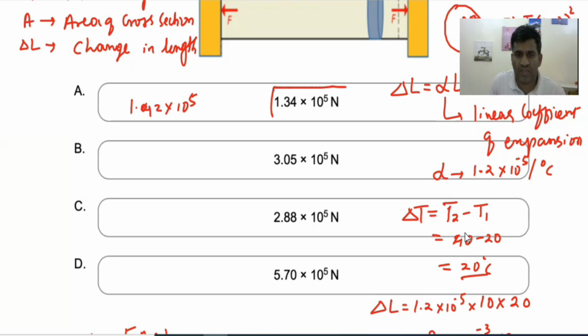So this is the answer I can go with. Why is there a difference? Because I don't know the exact value of E, but in the exam it will be given to you. You can substitute as it is, and I'm 100% sure you'll get the same answer they have mentioned here. So we go with option A as the right choice.